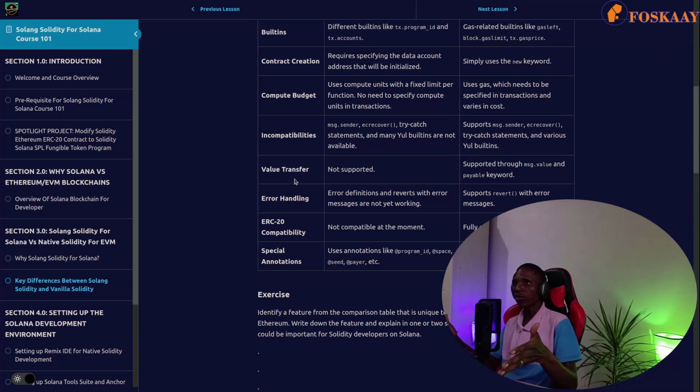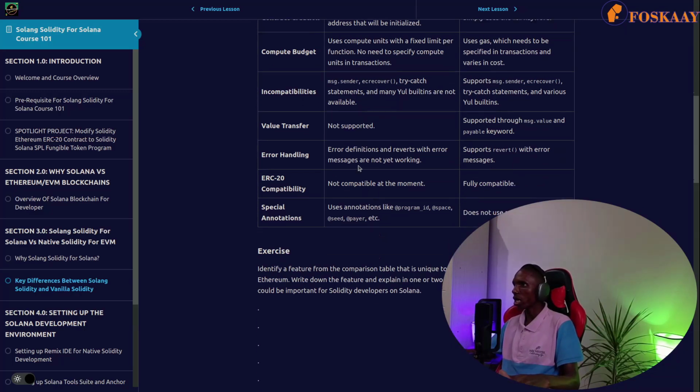Then value transfer. When you are transferring Ether from one smart contract to the other, you need to make that address payable. That's not applicable; automatically you can just send from one smart contract, called a program on Solana, to another. Then error handling: error definition and revert with an error message are not yet working.